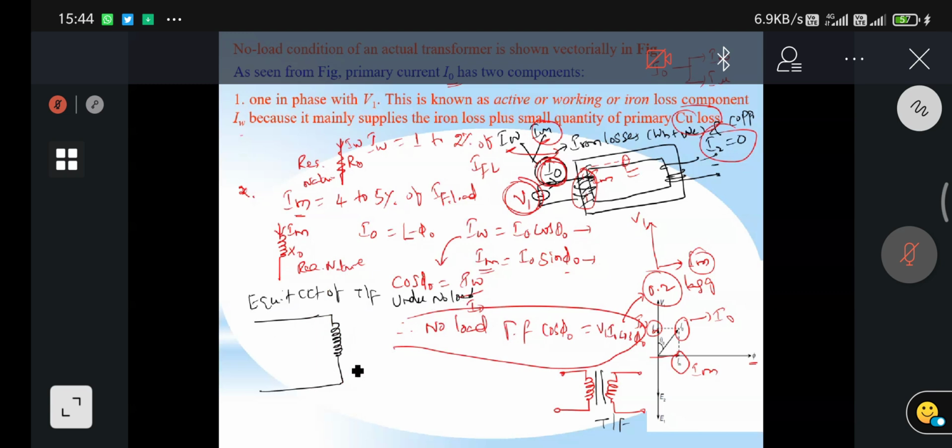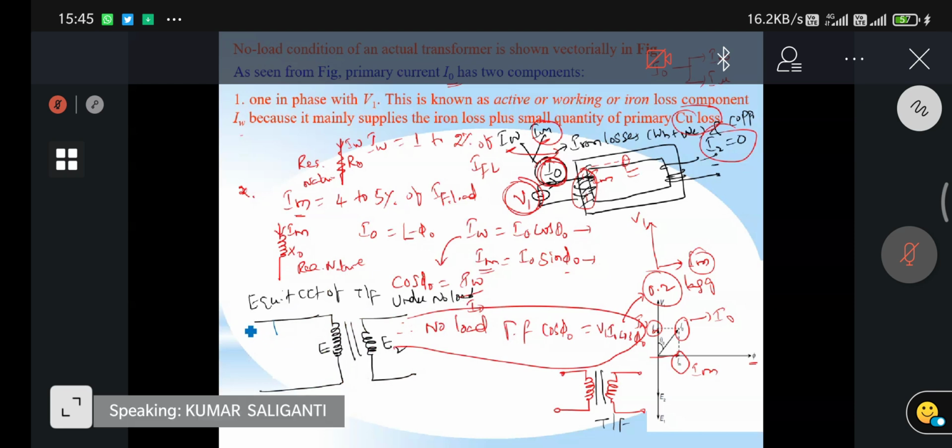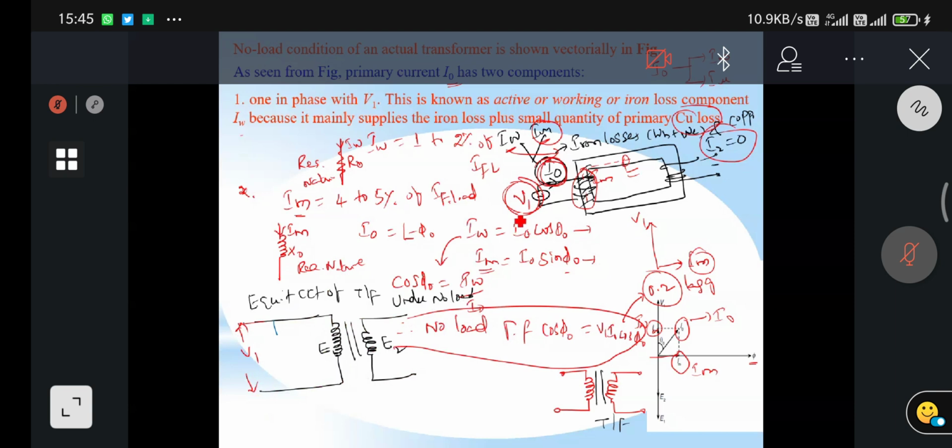So this is the transformer. Here this is E2, and here E1. At the primary side, the primary voltage will be V1.